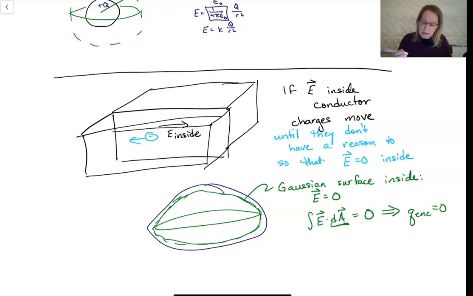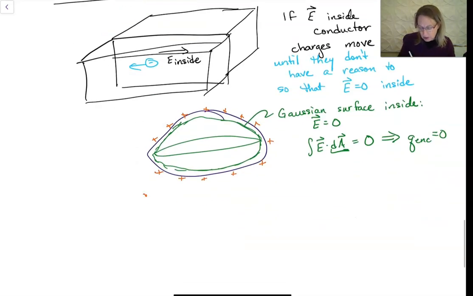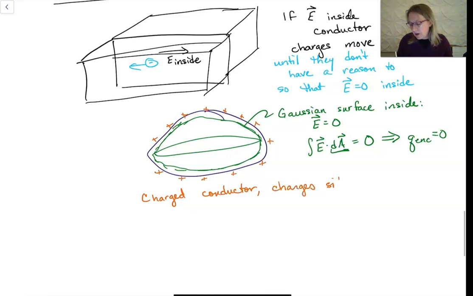And so any excess charges, if a conductor is charged, all of the charges sit on the outside of the surface. So when you have a charged conductor, charged metal, all the excess charges sit on the outside.